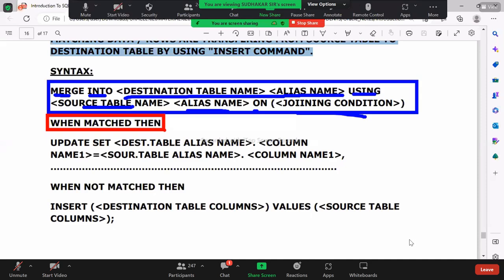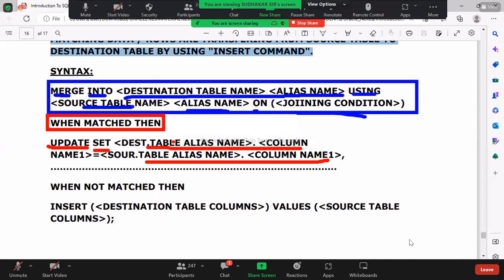If matching rows are there, when data is matched, I say update, that's called override. So update set, in which table does it override? Destination table. That's why destination table alias name dot column name equals source table alias name dot column name, and like that each and every column you can mention.